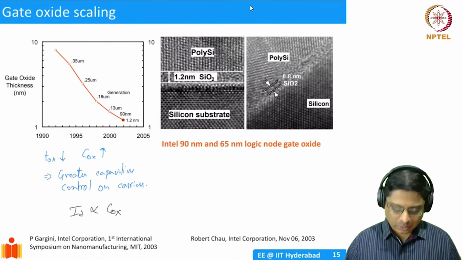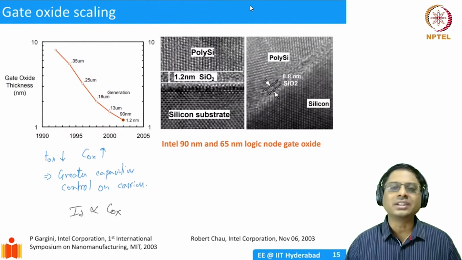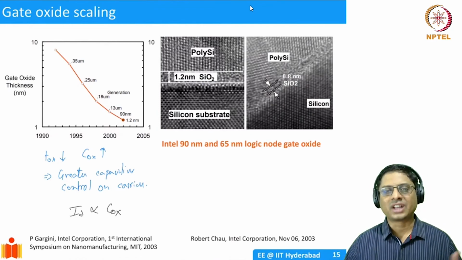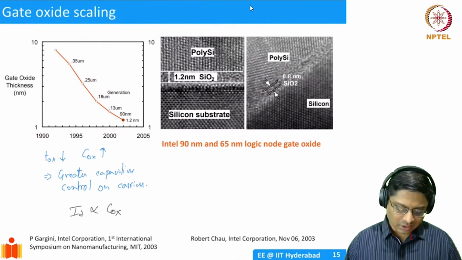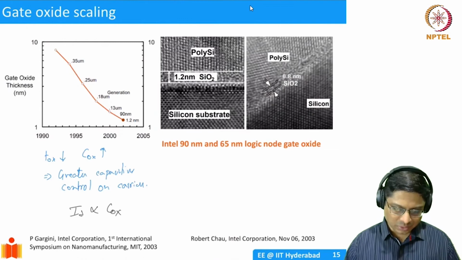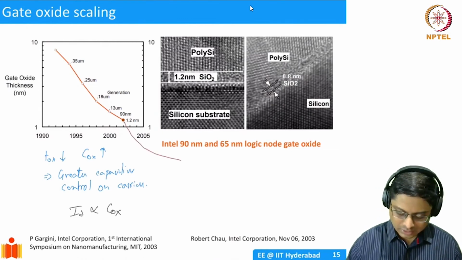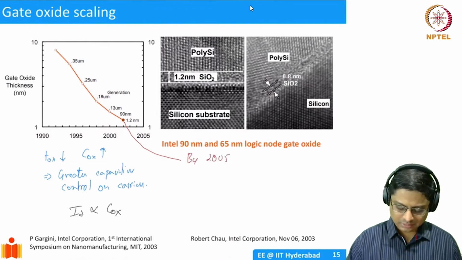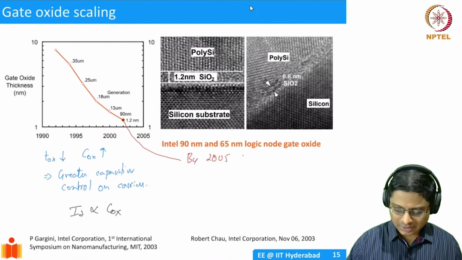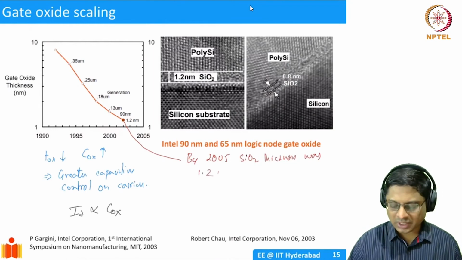Okay, so because of this, over the last 40, 45 years, scientists and technologists have been scaling down the oxide thickness. Now what happened was, as you do this, by the year 2007, I would say even 2005, SiO2 thickness was 1.2 nanometers.